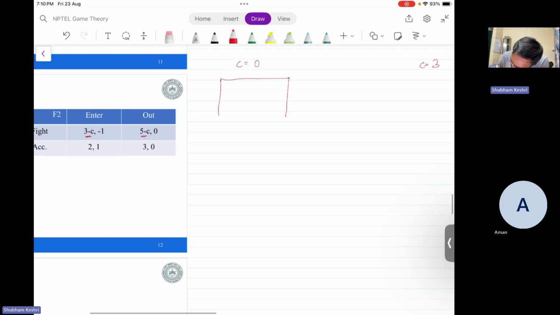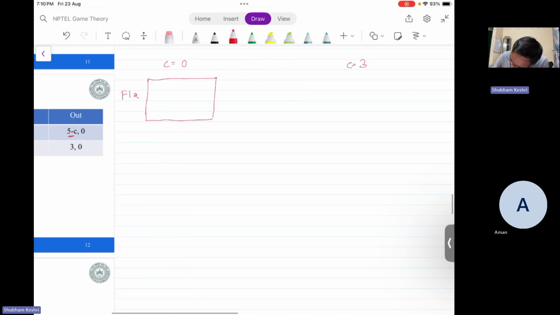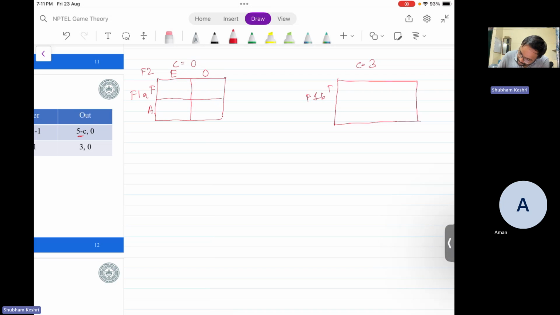When C equals 0, firm 1 is of type A, and when C equals 3, firm 1 is of type B. He can either fight or accommodate, and firm 2 can either enter or remain out. Firm 1B can also fight or accommodate, and firm 2 can either enter or remain out.